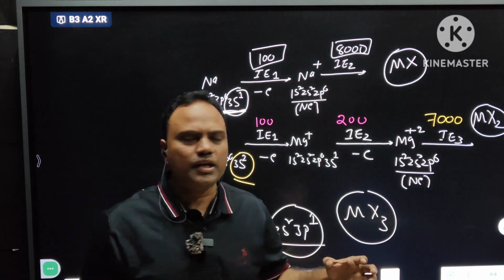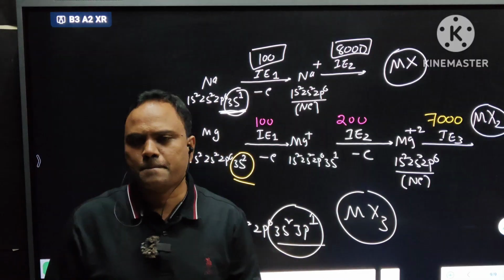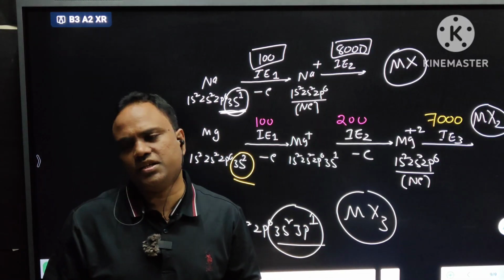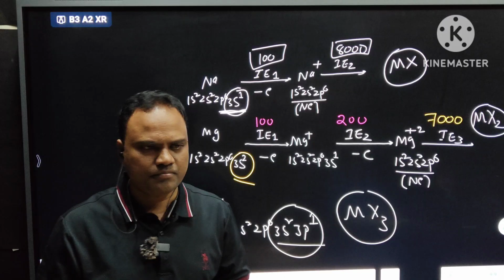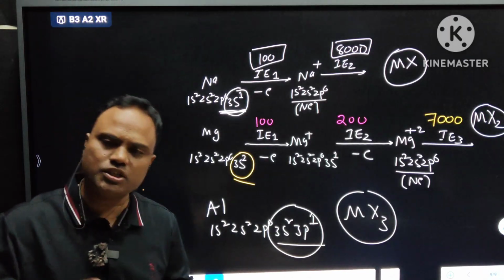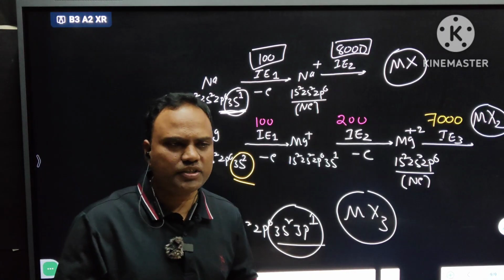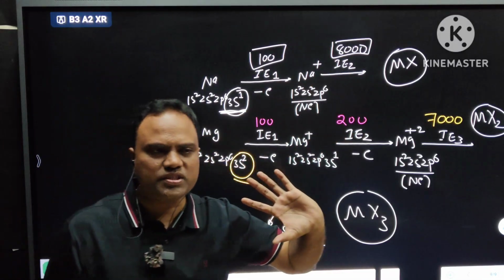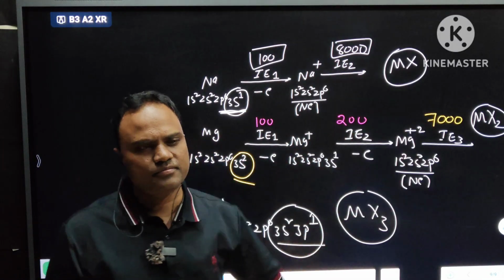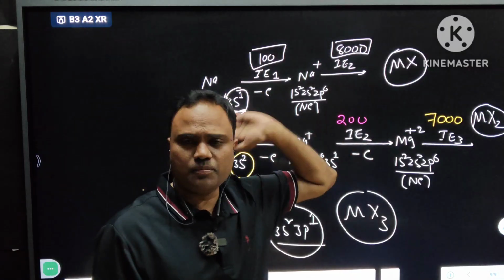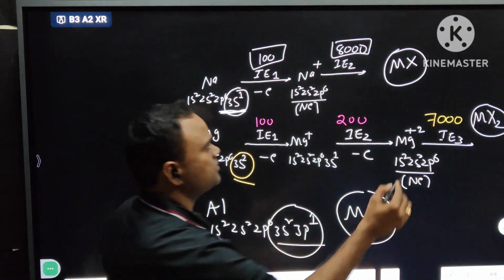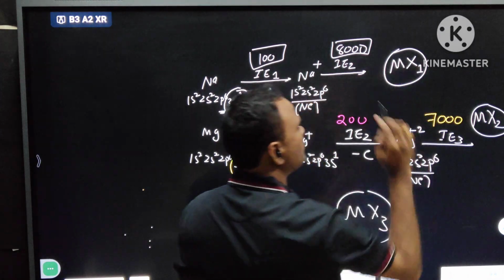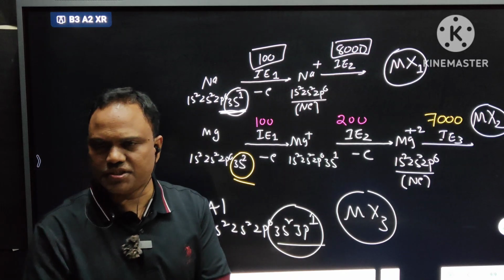The compound whose second ionization energy is very high: identify the formula of that compound. Second ionization energy, see, MX1 type.